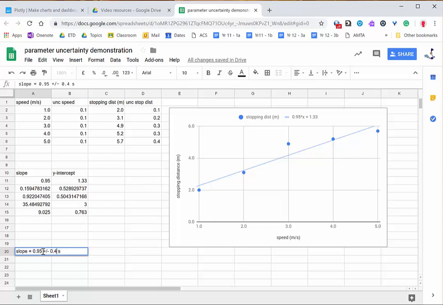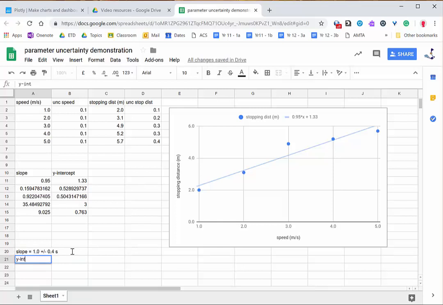It is 0.4, which means there's no point in quoting our slope to 2 decimal places if our uncertainty is only quoted to 1. So we will take this, rounded up in this case because it's 0.95. So what this does is actually takes it to 1.0. It's a little more complicated than I had been hoping to deal with, but we need to make sure our rounding is correct.